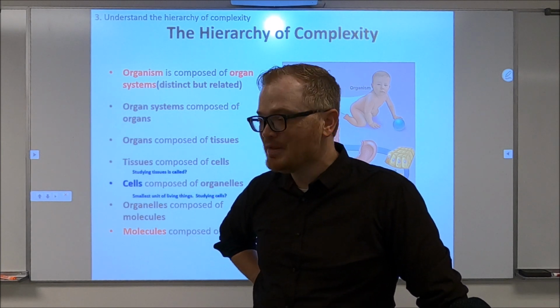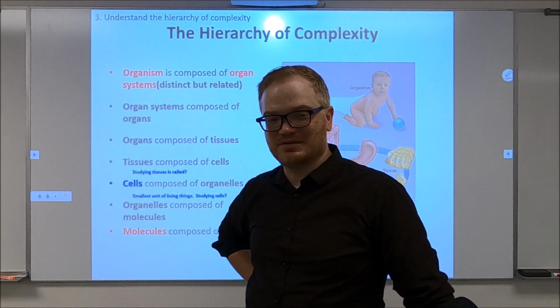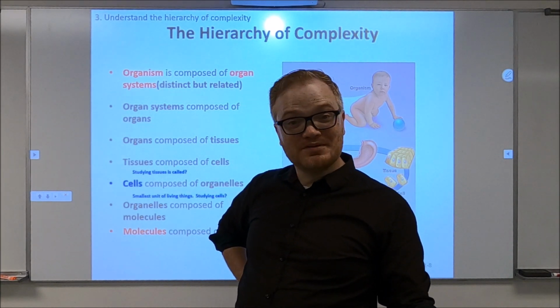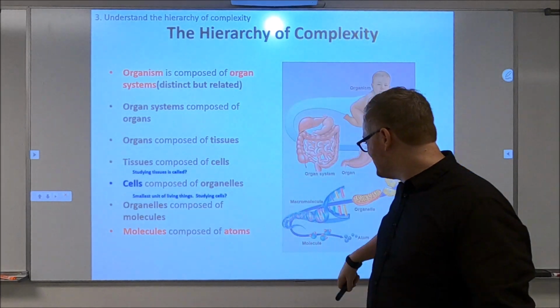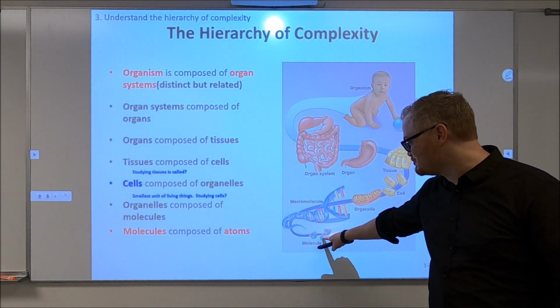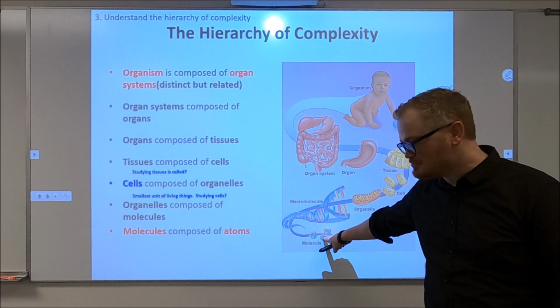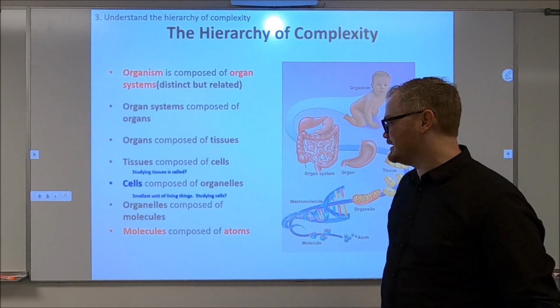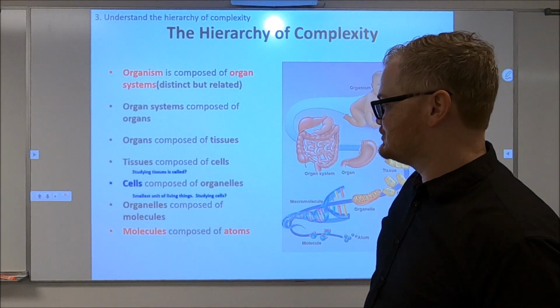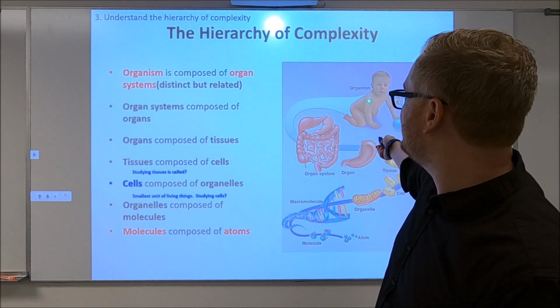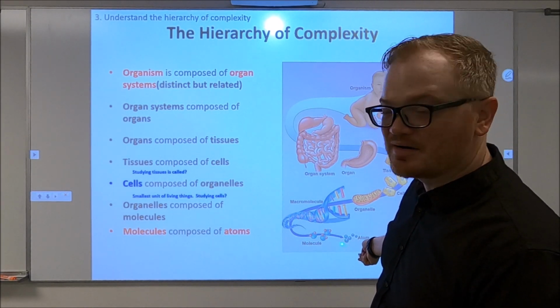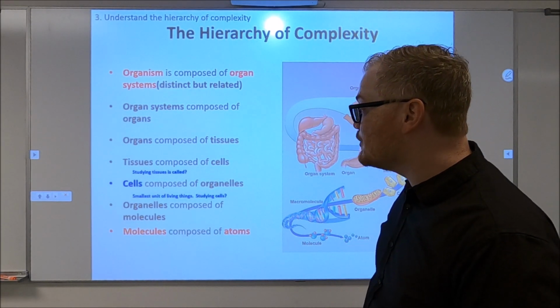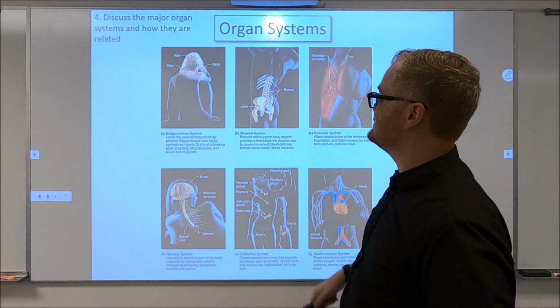Macro means large. That would be things like proteins and nucleic acids and lipids and carbohydrates. Those macromolecules being made up of smaller molecules, and then those smaller molecules being made up of individual atoms. So yet again I say, if we're going to understand the organism, we have to start down here at the atoms, and that's what we will be doing as time progresses here.